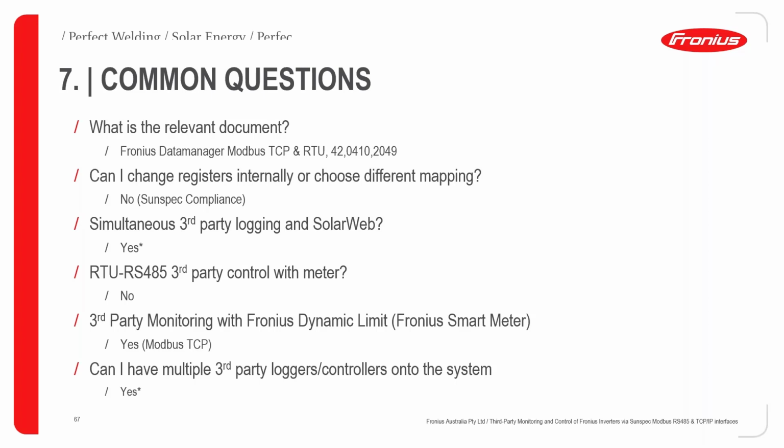That's our internal Fronius information. But that needs to be used in conjunction with your application. So please read it, dissect it, and contact us if you need clarification or have some questions about that.